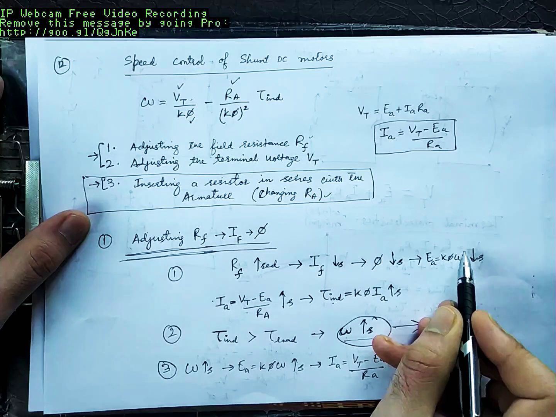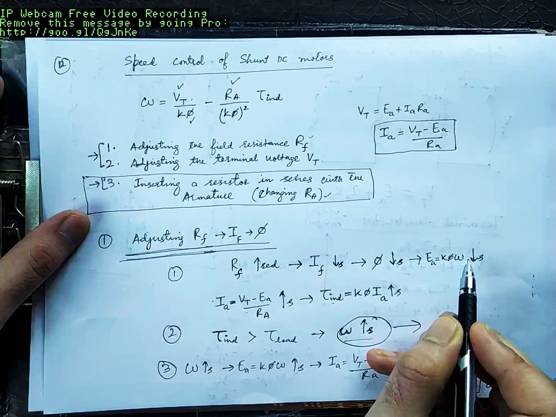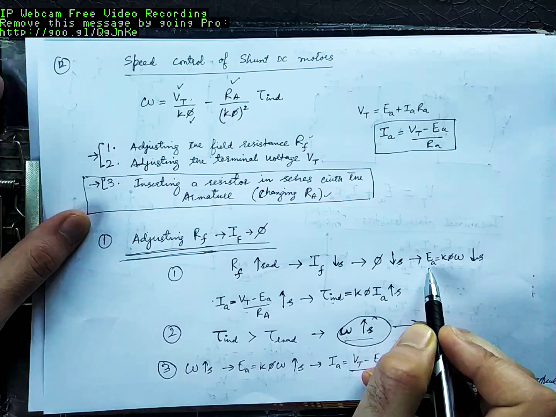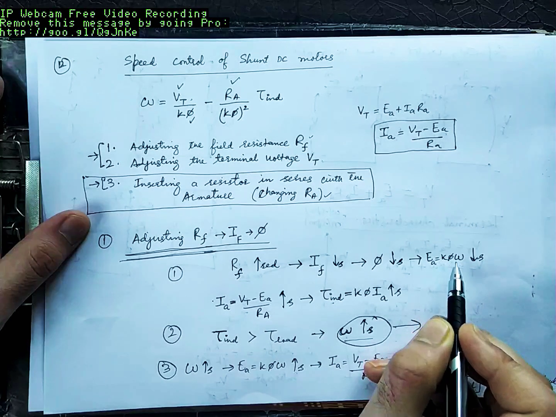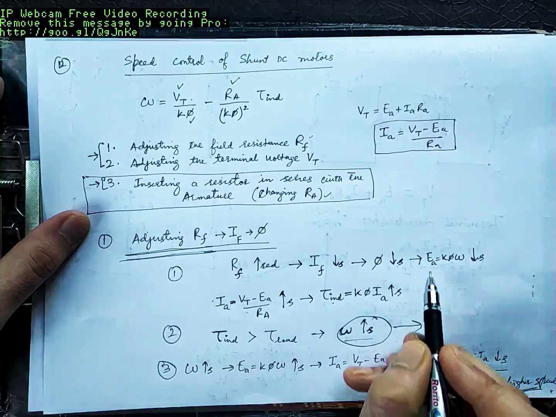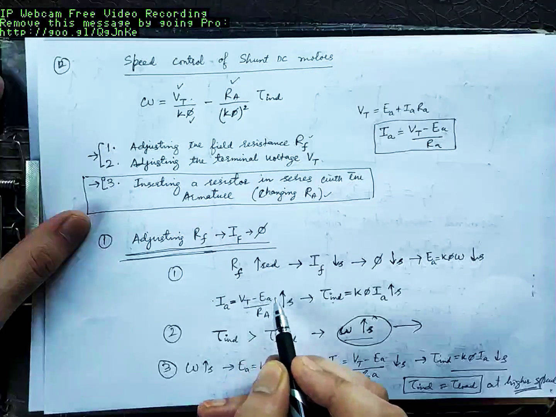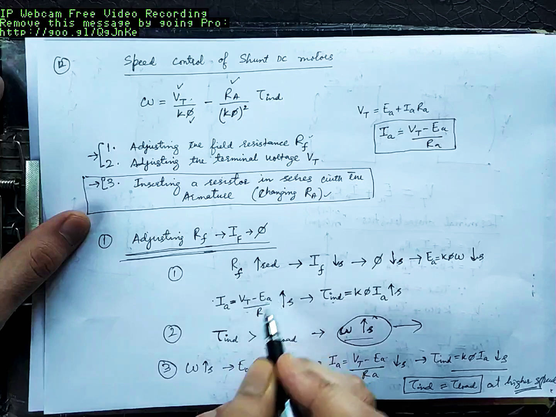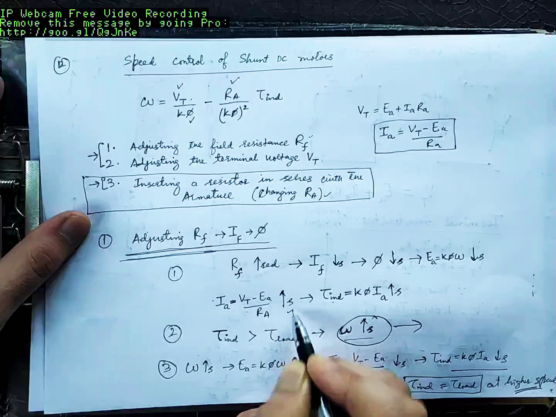Suppose speed is constant for the time being. Since K and Omega are constant, if flux Phi is decreased, EA, the induced EMF, is decreasing. When EA decreases, from the expression IA equal to VT minus EA by RA, this expression is increasing, so armature current IA is increasing.